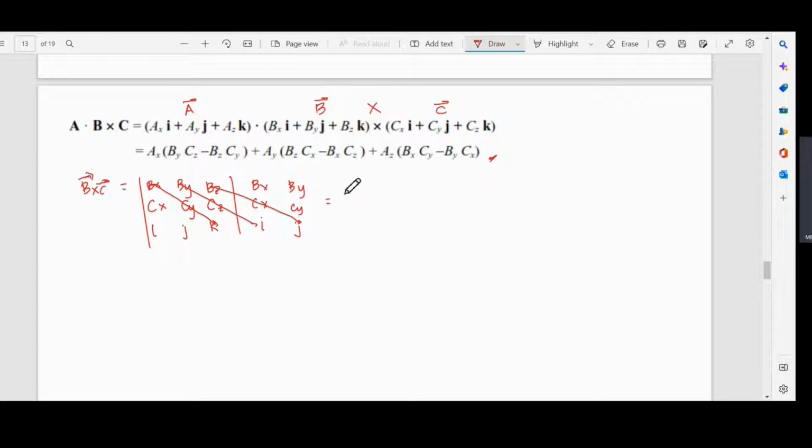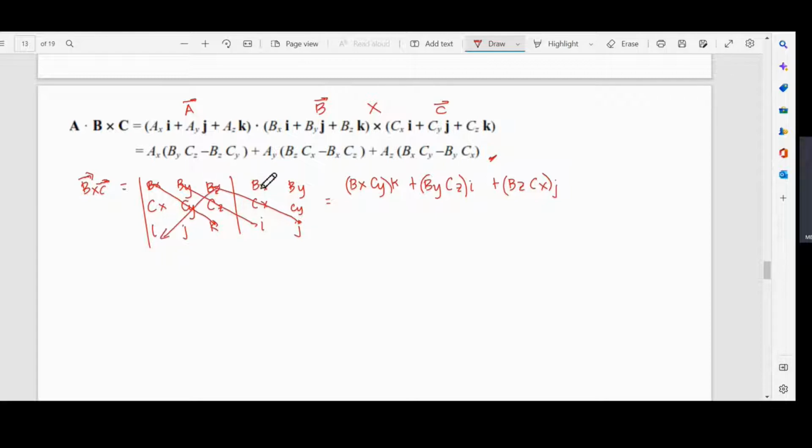So, we have here Bx, Cy, K, plus By, Cz, I, plus Bz, Cx, J. Minus, this one.